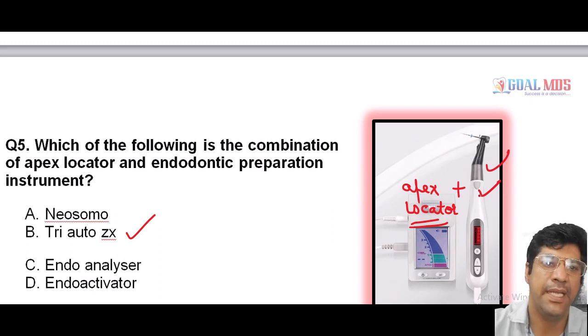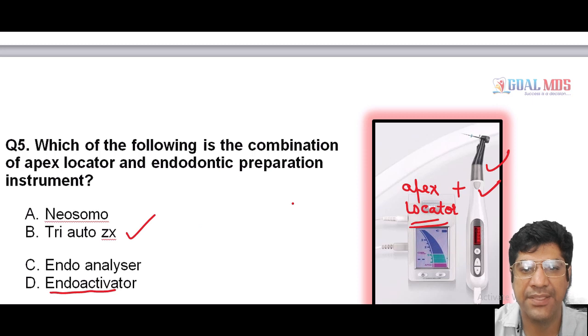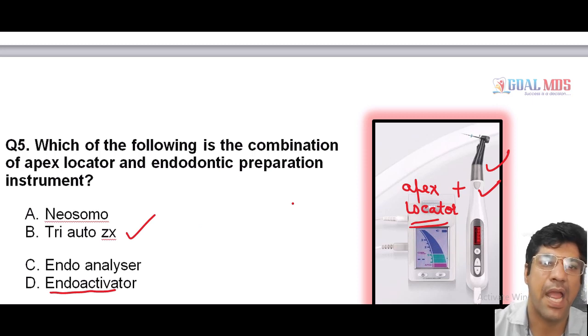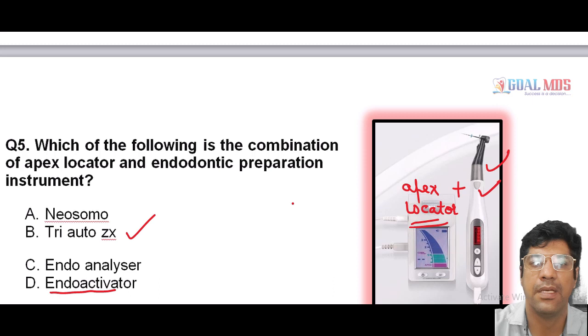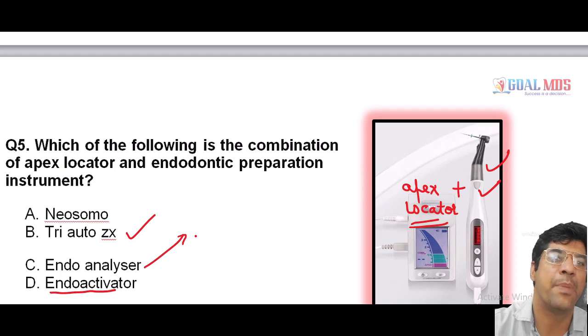The option D, endo activator, is a separate device that is used for sonic activation of the irrigants in the root canal to enhance the cleaning and disinfection. Whereas endo analyzer, remember, is a combination of apex locator and pulp tester.